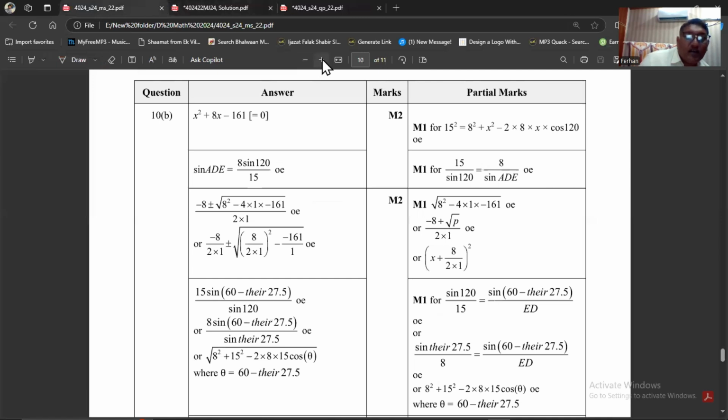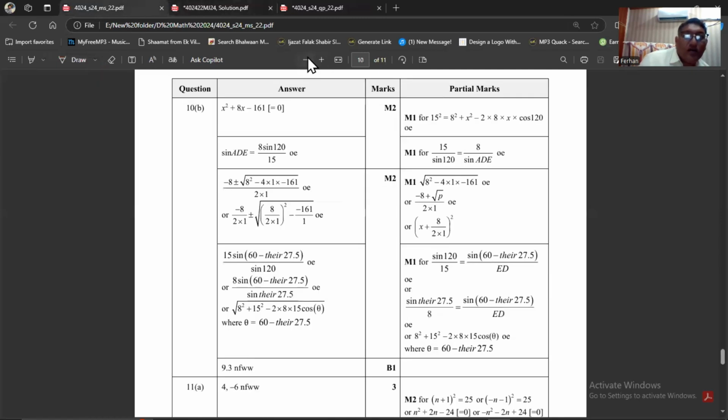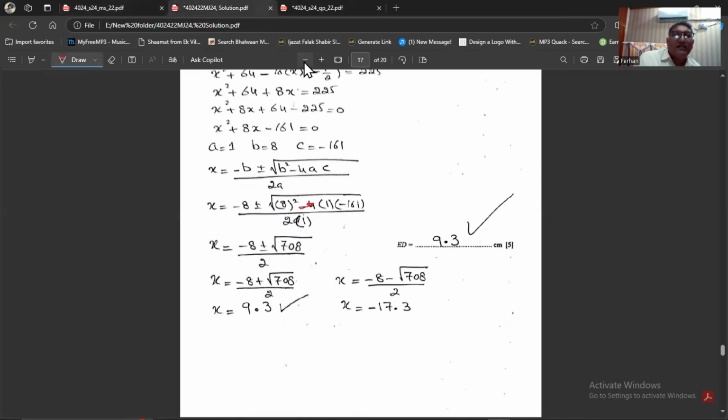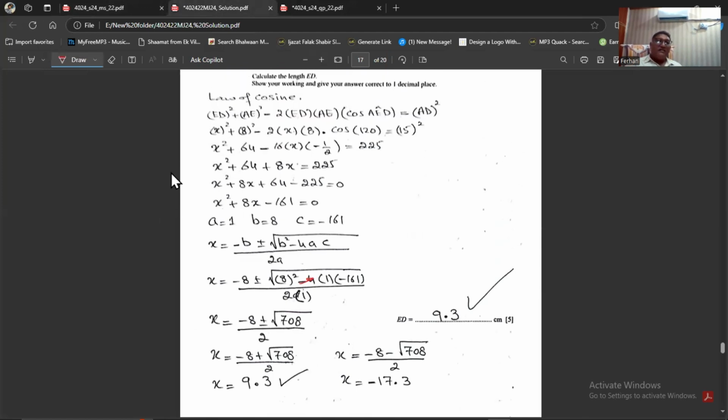9.3. We have gone with this, and we have found the value of x. So our equation is also this, so our answer is right. Let me show you the whole thing so you can see the whole question together.